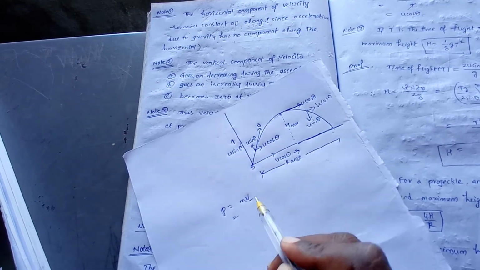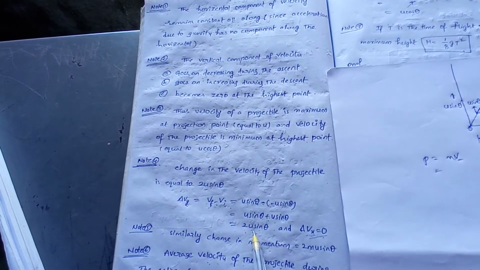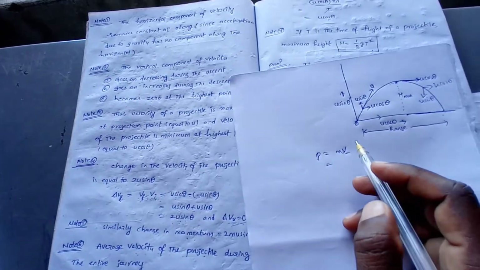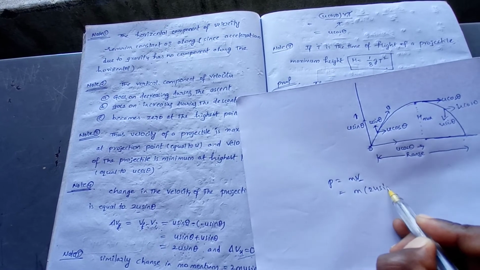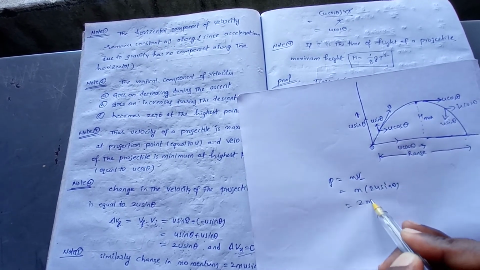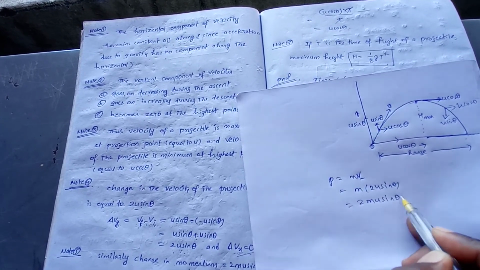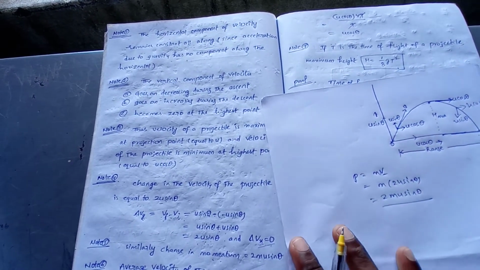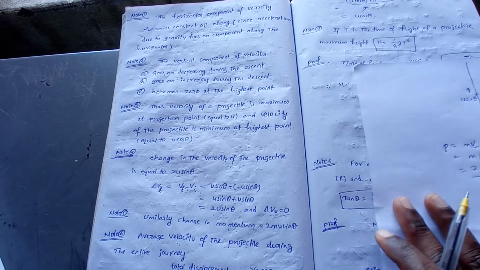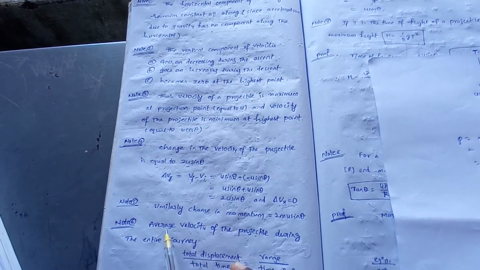We already know the v value, 2u sin theta. So we can write momentum as m into 2u sin theta, that is 2mu sin theta. This is the change in momentum vertically. This is note 5.